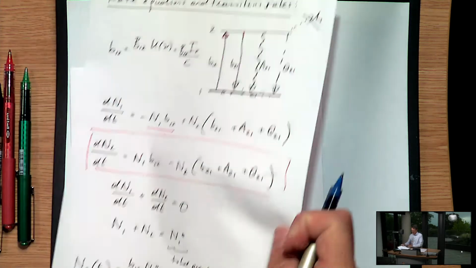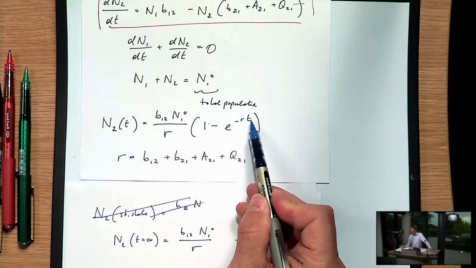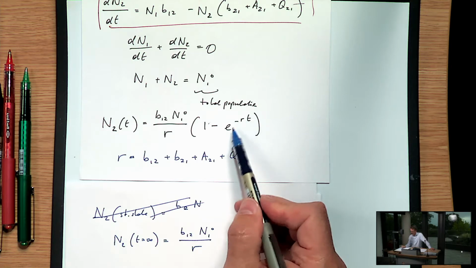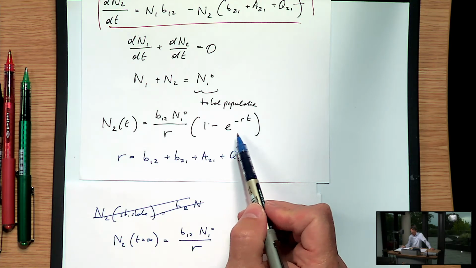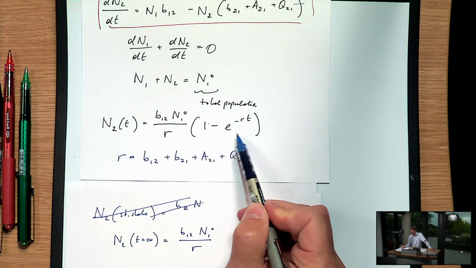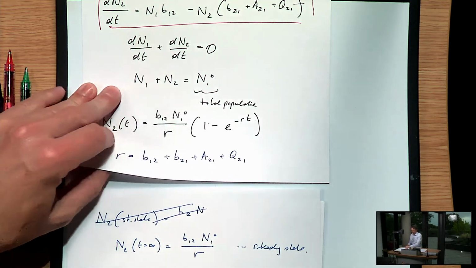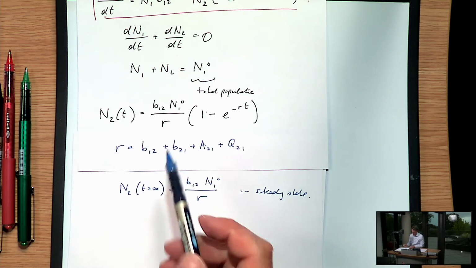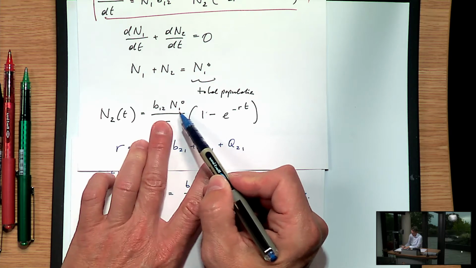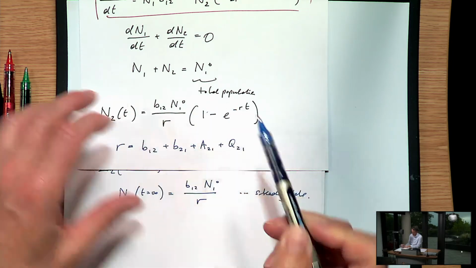If I go back to this equation here, let's look at very small t. Then just as we've done for the Beer-Lambert law, I can expand this exponential term, and I get a term proportional to Rt. So we get B12 N1 naught over R times Rt, so the R's cancel.